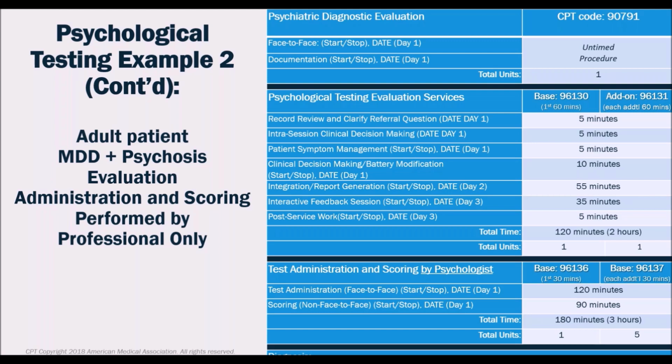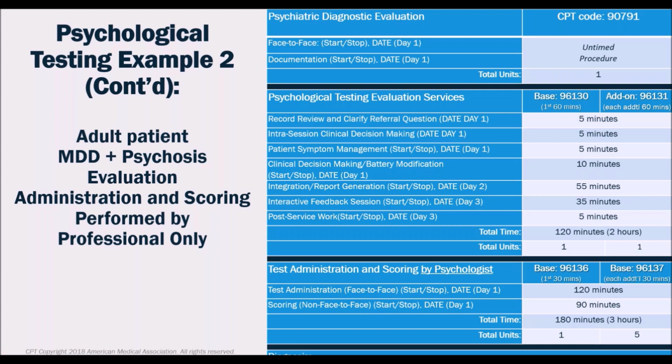And the integration and report generation may be done on a different day, but you would still use the base and add-on codes based on a single episode of care, capturing the cumulative amount of time throughout the episode of care. So you may not get to start writing the report until a different day. And if you spend an hour writing the report, that gets added into your evaluation services.